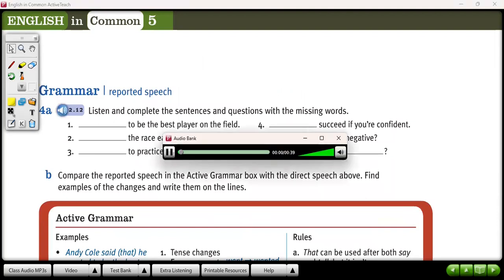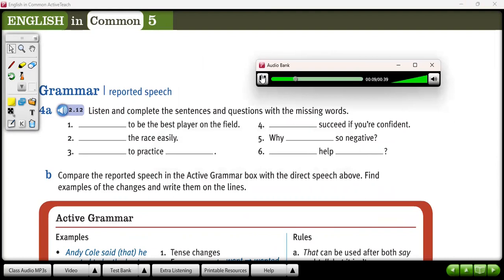Unit 8, page 96, track 12. 1, I want to be the best player on the field.